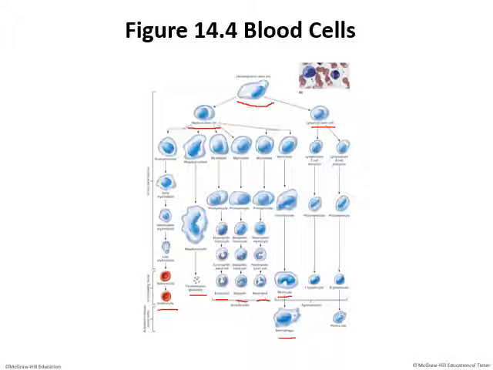If it becomes a lymphoid stem cell, it's going to either become a T cell or B cell, and B cells that are secreting antibodies are plasma cells. The cells that are underlined in red are the ones you're going to need to know for your exam.